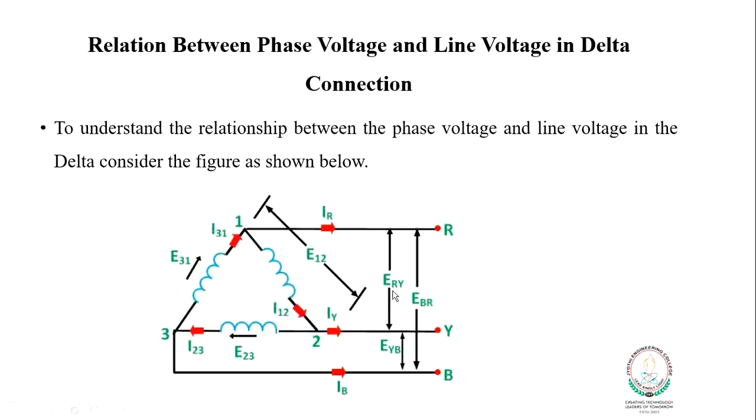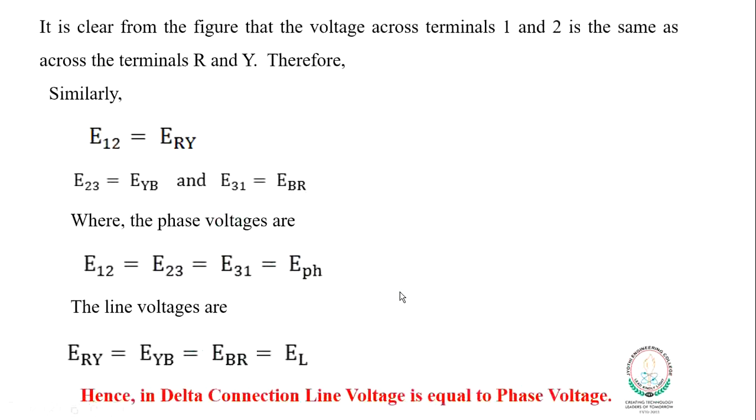The voltage across terminals 1 and 2 and the voltage across the line conductors R and Y are parallel, so the voltage will be the same. So we can say that the phase voltage is equal to the line voltage in a delta connection. It is very important to remember that the line voltage is equal to the phase voltage.